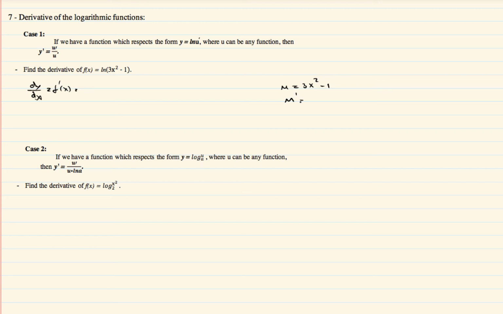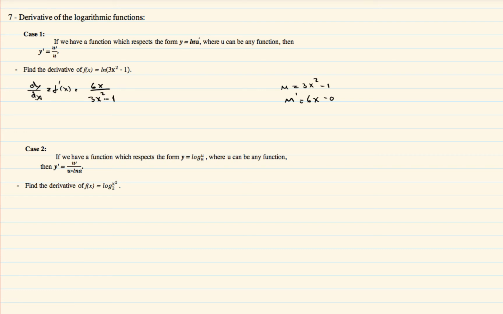For the derivative of this u, the 2 comes down, so we have 6x, because this is 2 minus 1, so that's why we have power 1 here, and the derivative of a constant is 0, so this minus 0. So what we have now is 6x, which is the derivative of u, divided by the original argument of this log, which is 3x squared minus 1, and it's done.